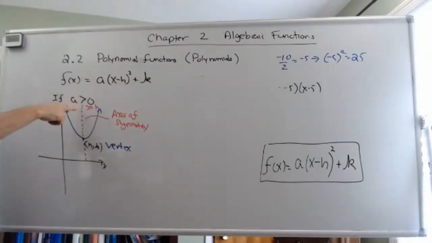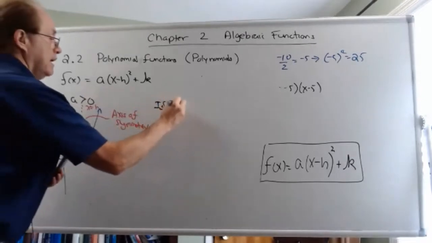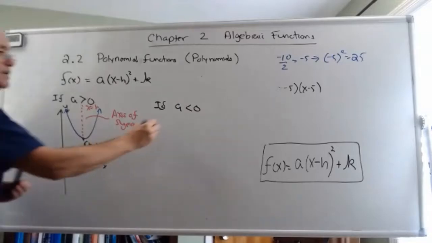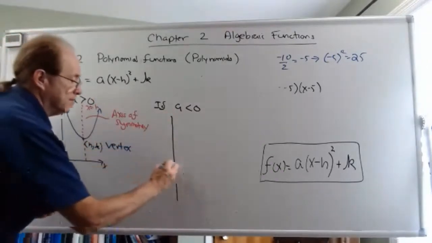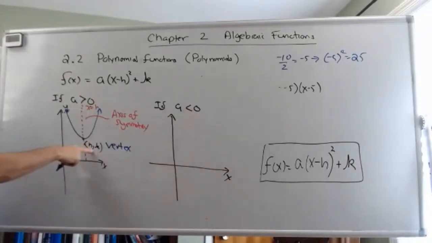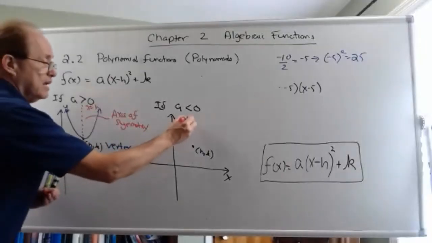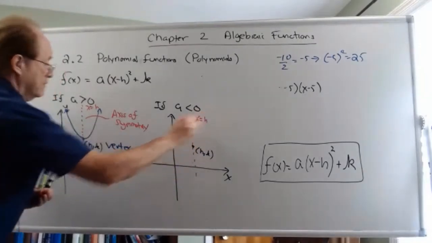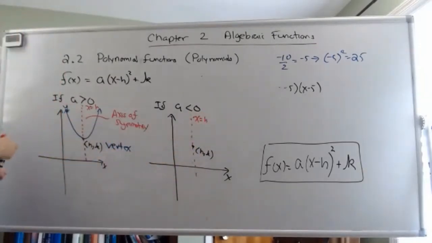Now, if a happens to be negative, I get something very similar, but it just flips it. So say I had the same h and k value, the same vertex, and also the same axis of symmetry, because it's symmetry, like a mirror image on either side.